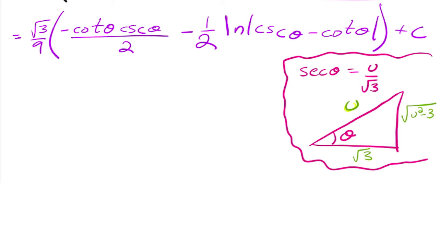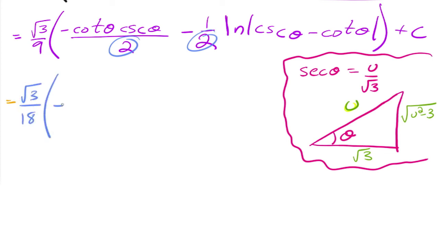Okay, so let me do a little bit more simplification. Since there's a 2 on each one of these, let's take that out and write that as root 3 over 18.